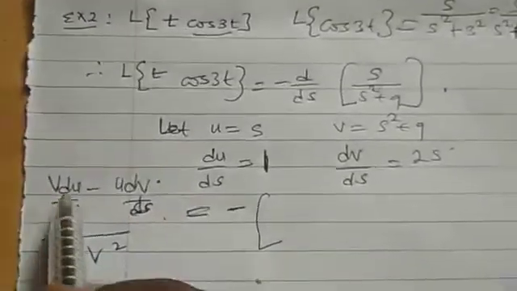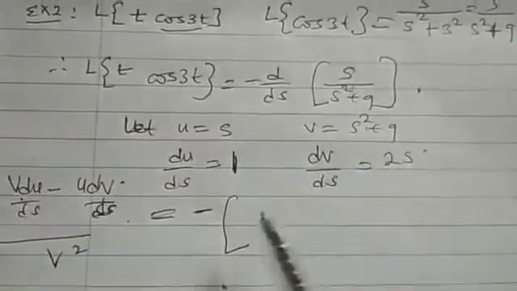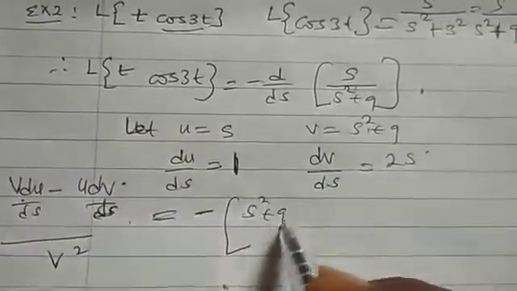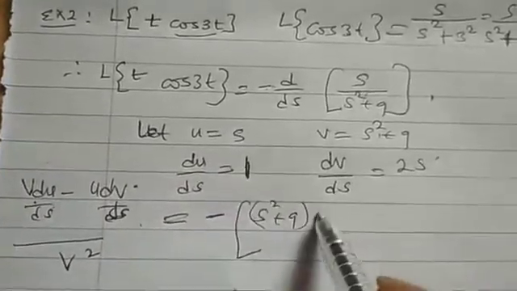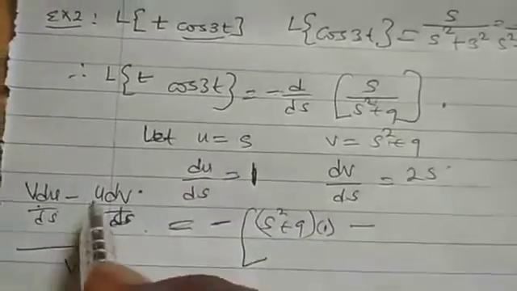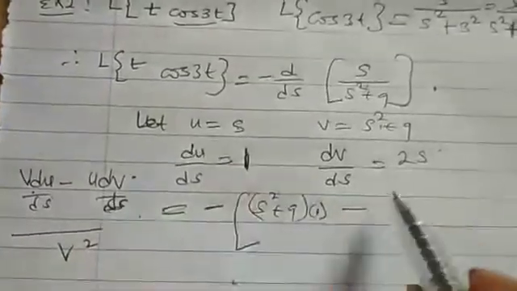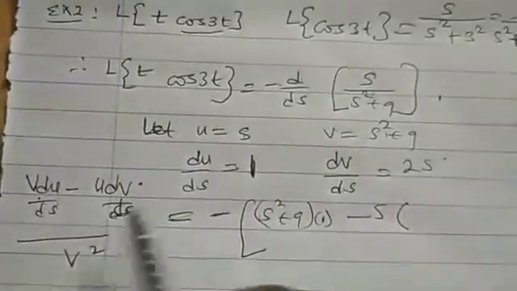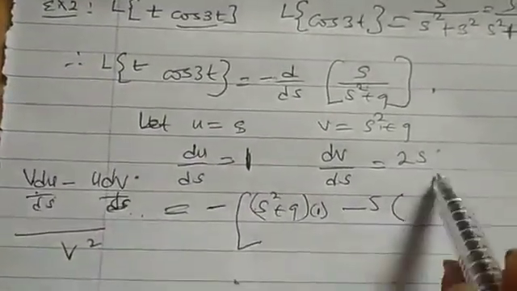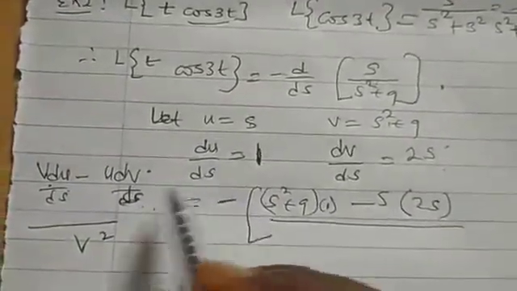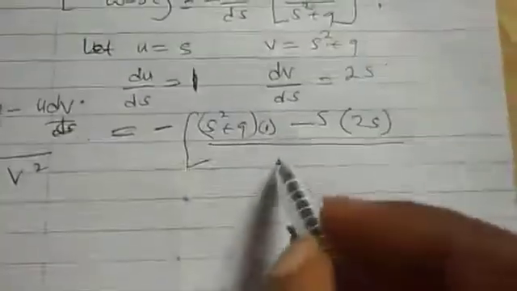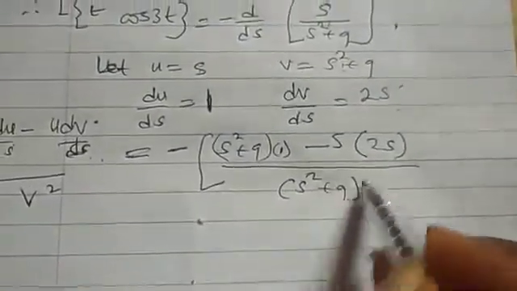This is our v, s squared plus 9, times the du/ds, which is 1, minus u, this is our u, s, into dv/ds, this is our dv/ds, 2s, over v squared, this is our v squared, s squared plus 9 all squared.